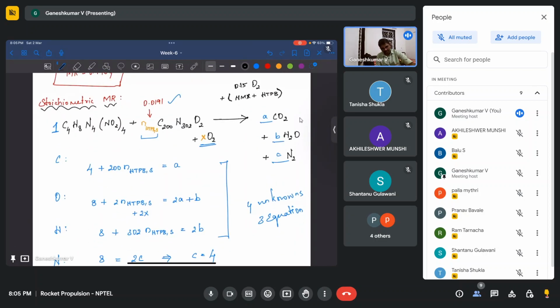So is this what you're trying to say, Tanisha? You have 85% of HMX, and you want to directly oxidize with the 0.15 moles of O2. You're not considering HTPB?